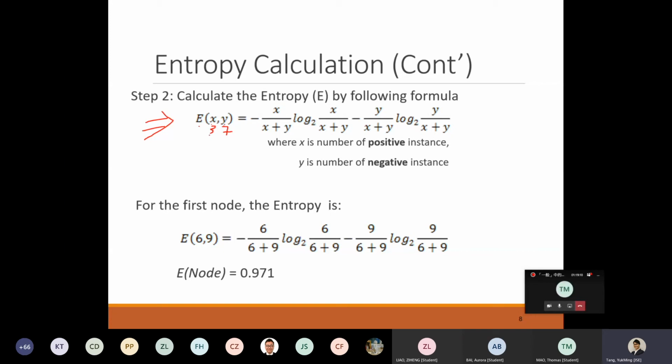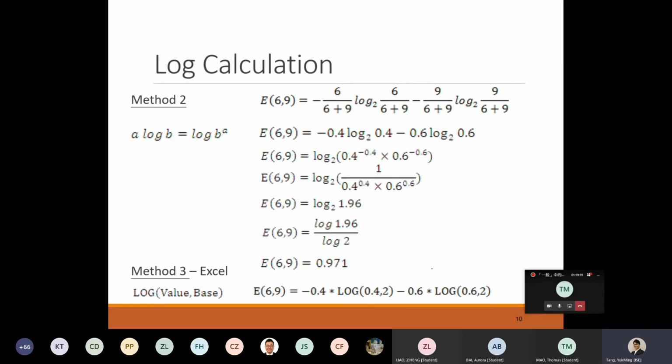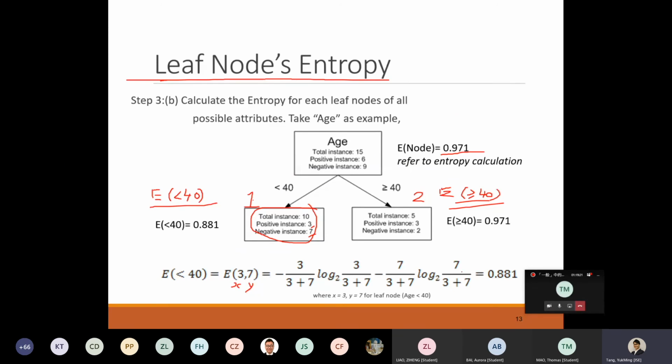We substitute x equals 3 and y equals 7 into this equation, apply this method, and calculate the answer. Finally, we get E less than 40 equals 0.881. So for the leaf node entropy, E less than 40 is equal to 0.881.